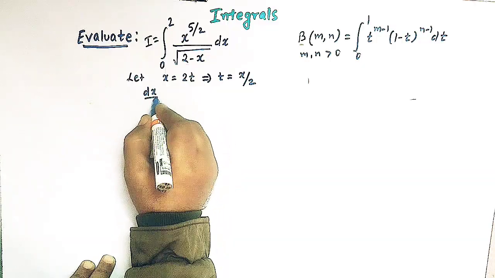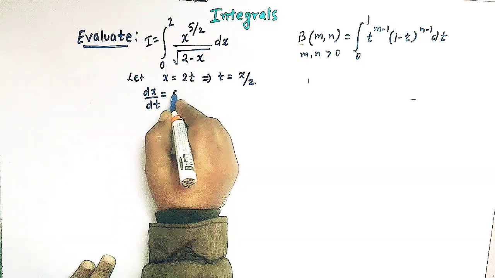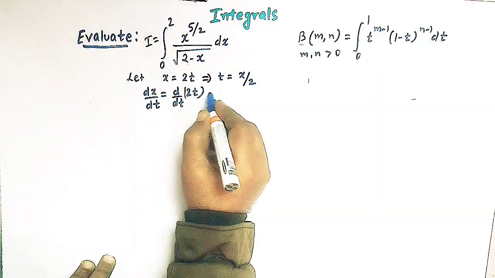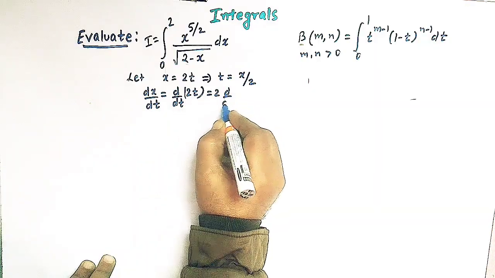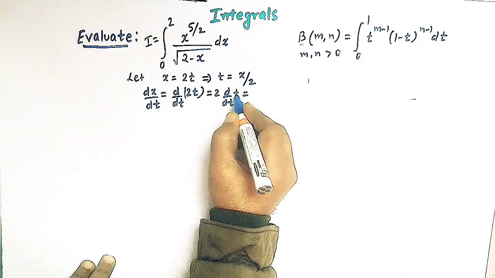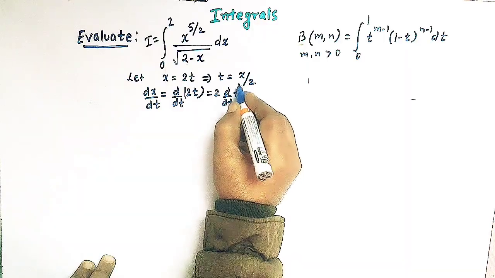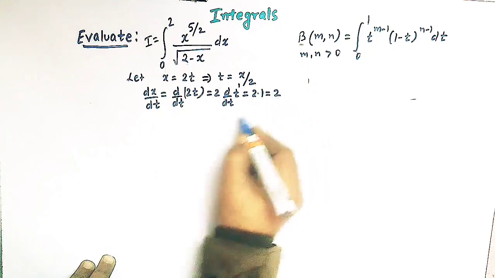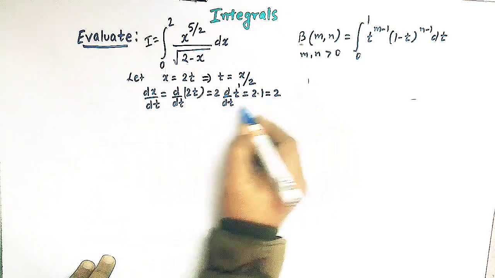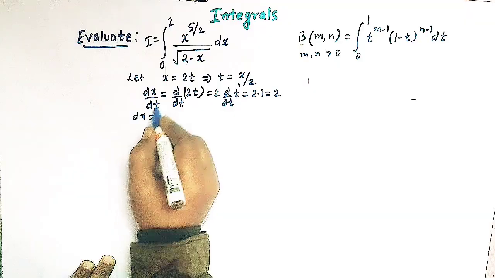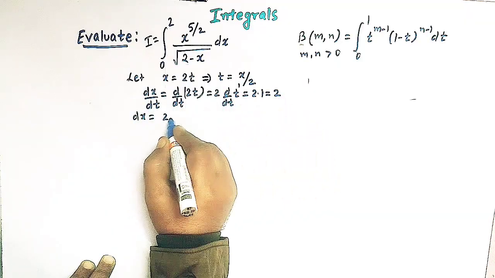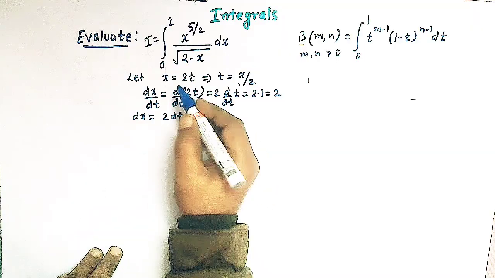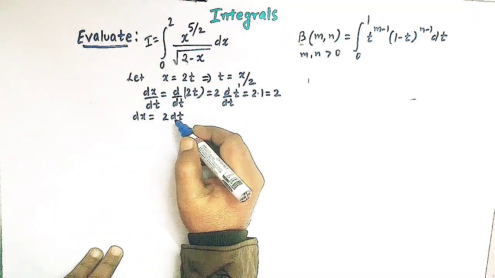So we have dx over dt is equal to d by dt of 2t, and then we can write 2 times d by dt of t, and the derivative of t with respect to t is 1. So we have 2 times 1, that is equal to 2. So now we can write dx is equal to 2 dt. Okay, so now here we'll change the limits accordingly.